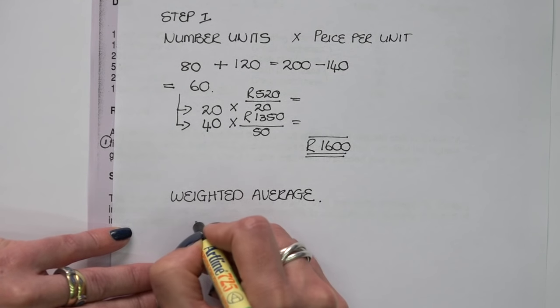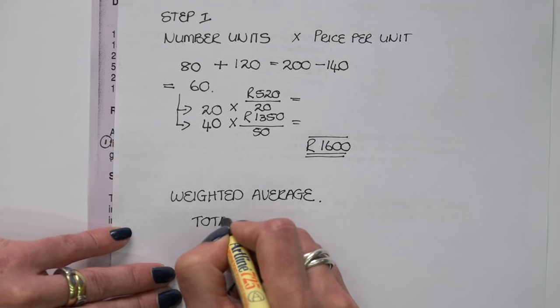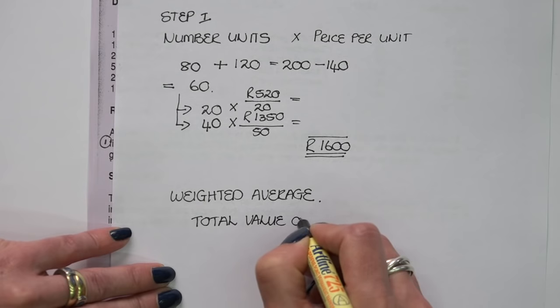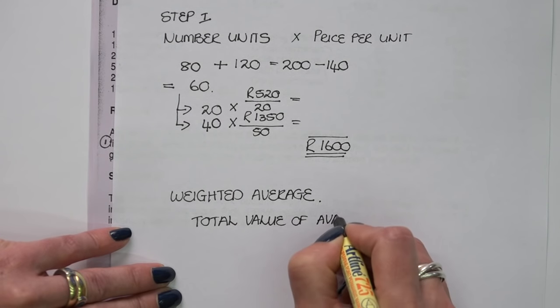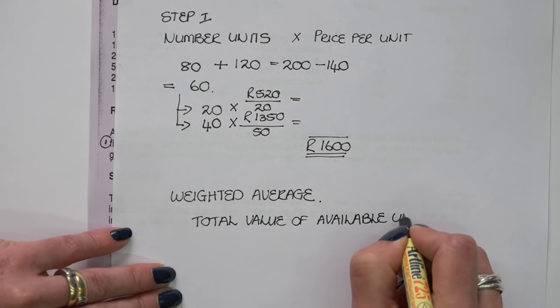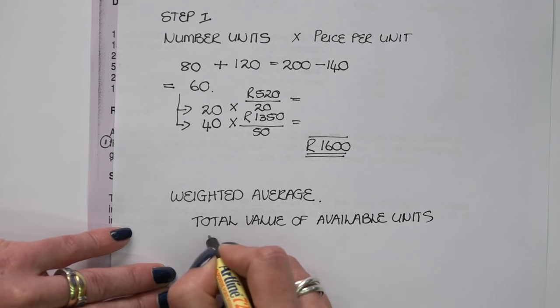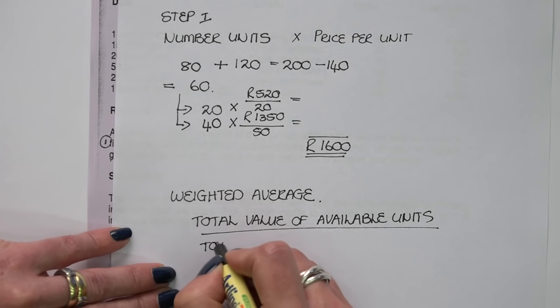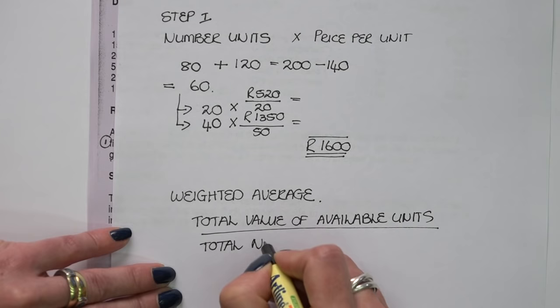So my formula for the price per unit is the total value of available units divided by the total number of available units.